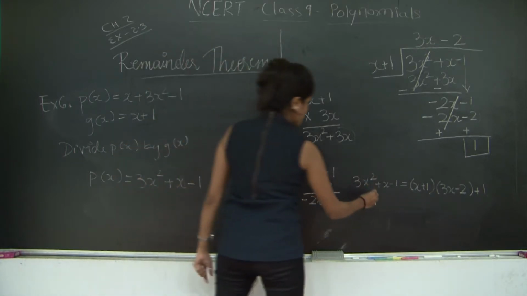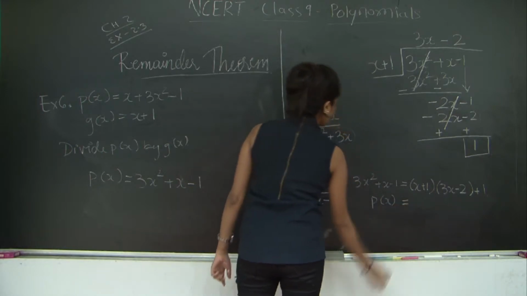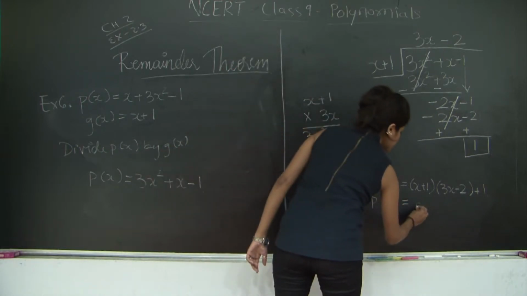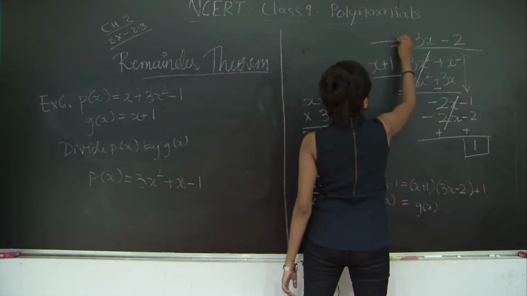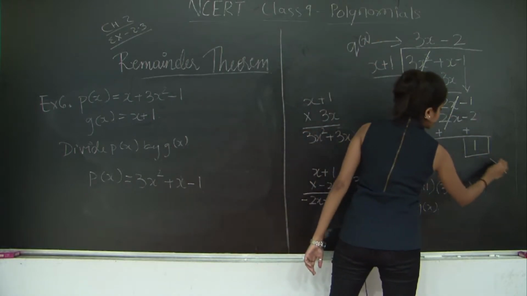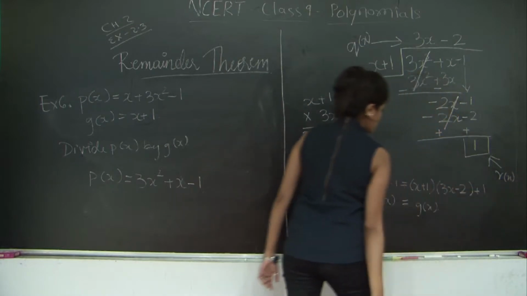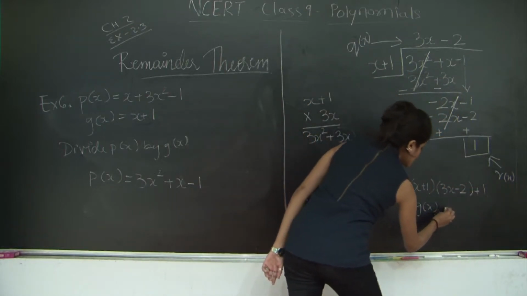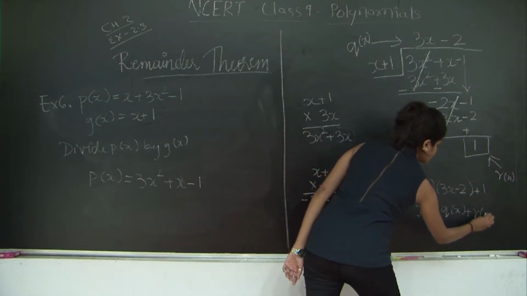So this is your p(x), right? x + 1 is g(x). Let's say I call my quotient q(x) and I call my remainder r(x). Okay, so this becomes g(x) into q(x) plus r(x).